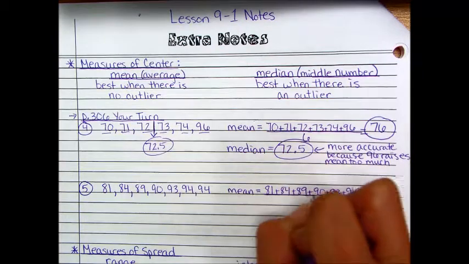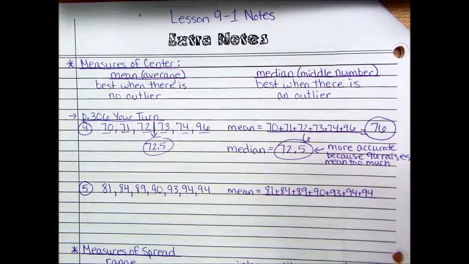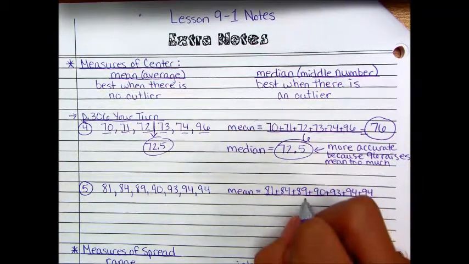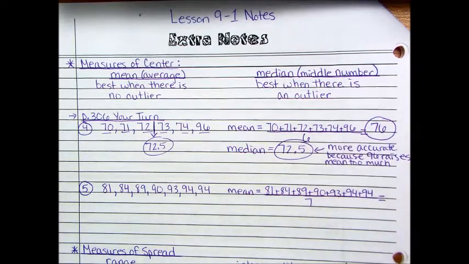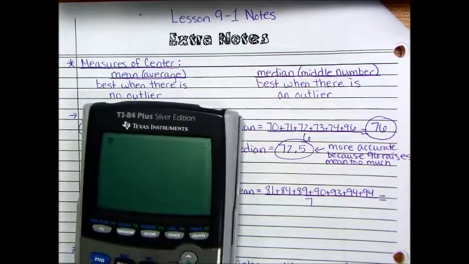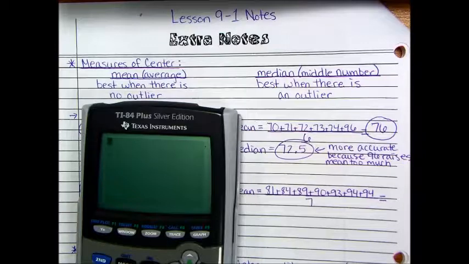And this time we're going to be dividing by, hopefully you're saying 7. All right, so take a second, calculate it out. 81 plus 84 plus 89 plus 90 plus 93 plus 94 plus 94, and then divide it all by 7.